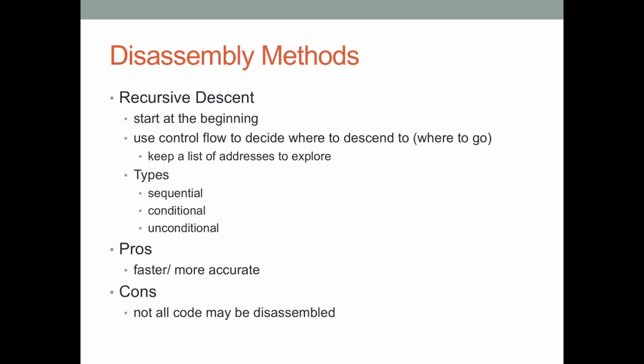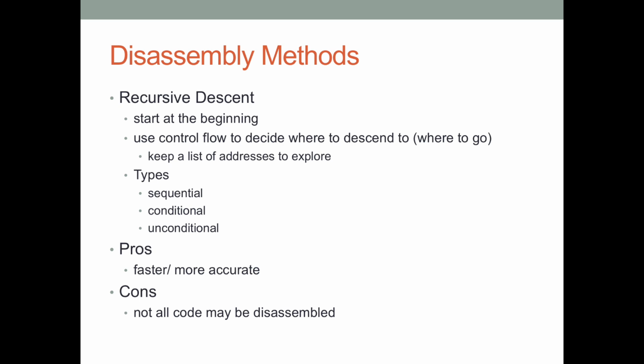You have different types: sequential, conditional, unconditional. Sequential just means one instruction after another. If you had an add or a move, it executes that instruction and goes to the next. You have conditional, so jump if not zero, jump if zero, a jump on a condition, generally checking the flags register. You have unconditional, like a jump or a call, where you go to that address regardless.